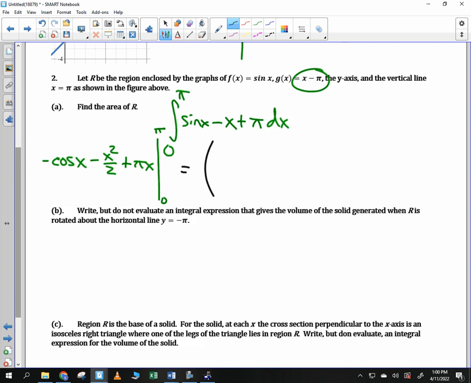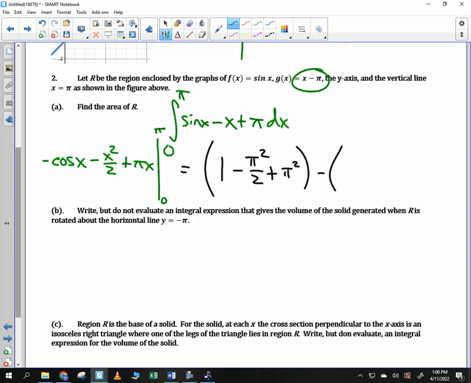I plug in pi. What's the cosine of pi? Negative 1, make it negative. Positive 1 minus pi squared over 2 plus pi squared, minus, now what do we plug in? 0.